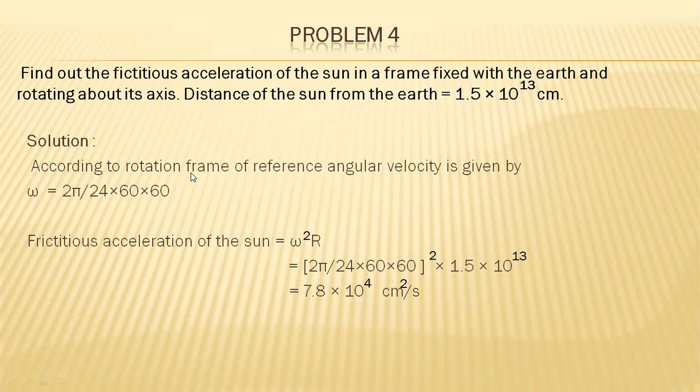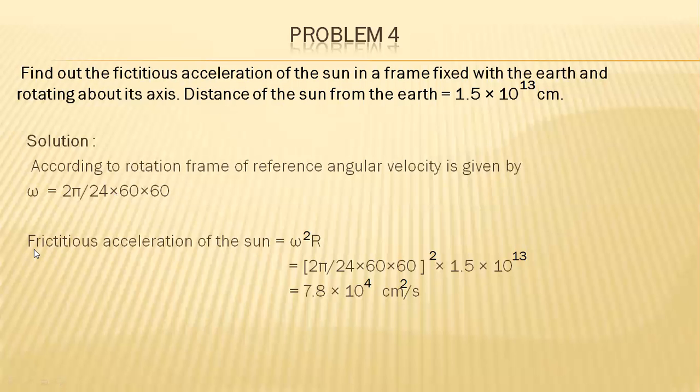According to the rotating frame of reference, the angular velocity omega equals theta by time taken. One revolution means 360 degrees, that is 2 pi, in one day, that is 24 hours, into minutes, into seconds. Therefore, omega equals 2 pi divided by (24 × 60 × 60).